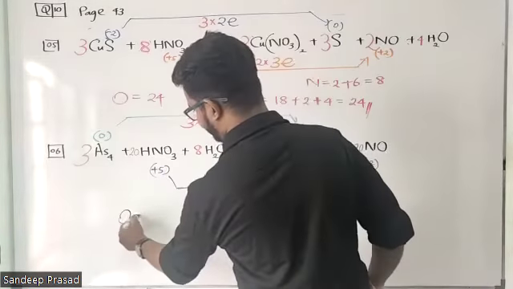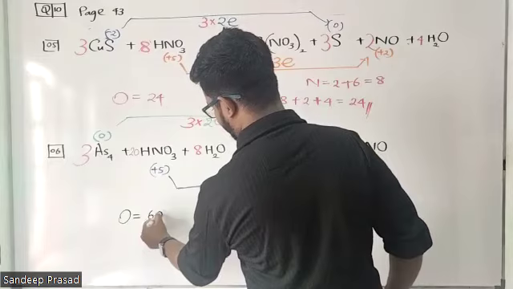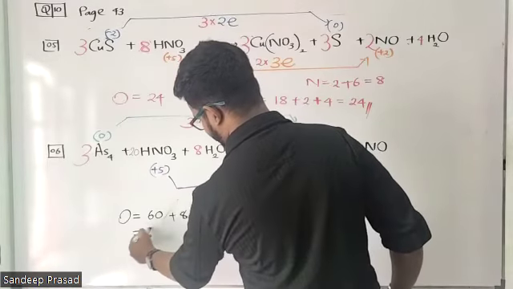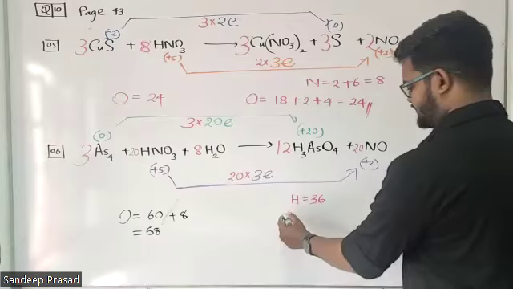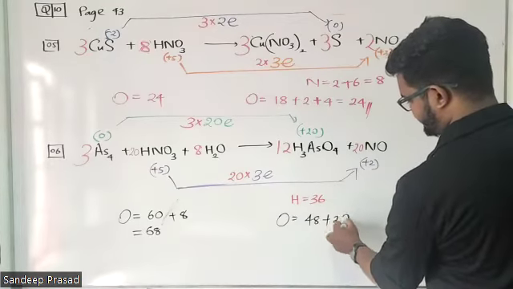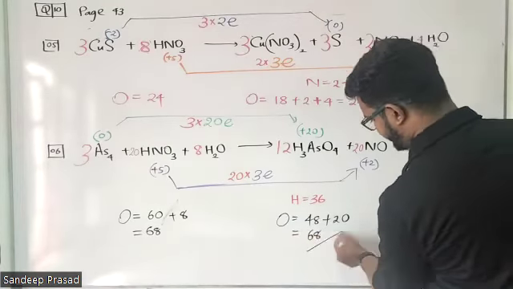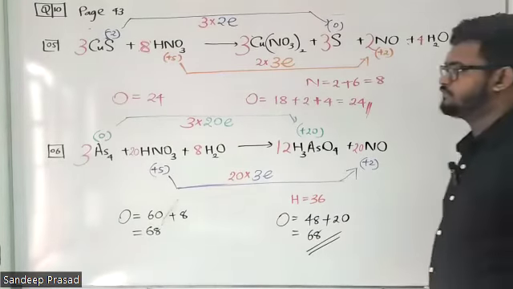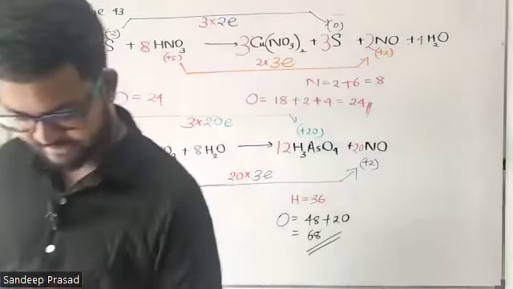If the reaction is balanced perfectly, you can check the oxygen: here we have 60 plus 8, 68. Here how many oxygens are there? 12 into 4, 48 plus 20, 68. So it's confirmed that the reaction is balanced. So the sixth one is like this.